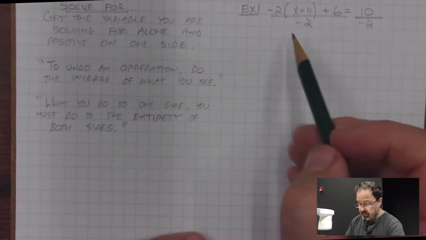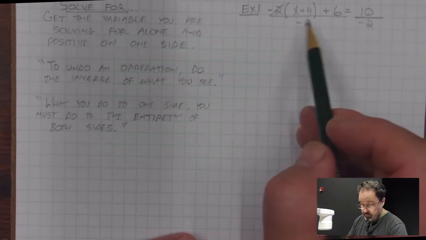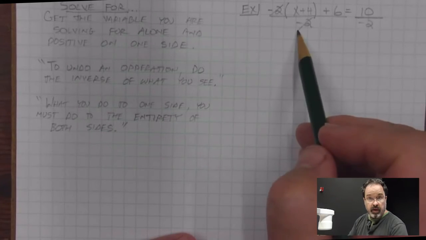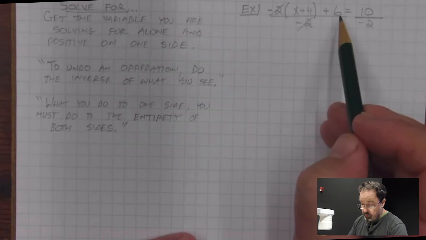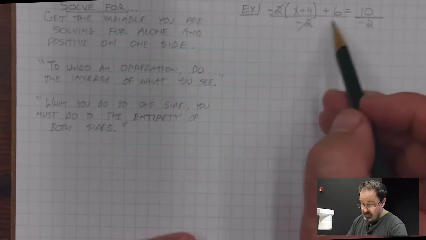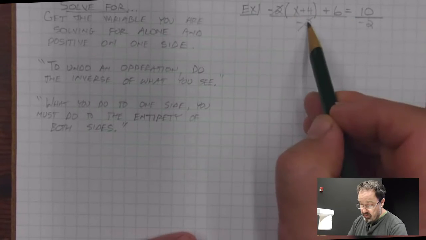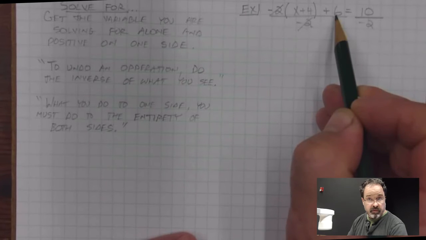This will help remind us that when we cancel out the multiplication by -2 with the division by -2, this -2 is also dividing this 6. Canceling them out here does not allow me to just keep what's left. This -2 has to divide this 6 as well.